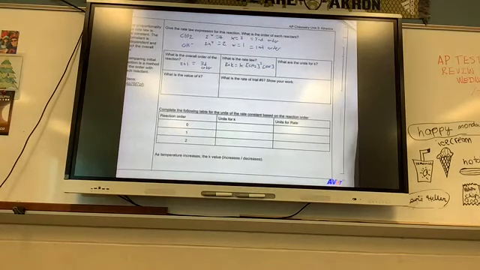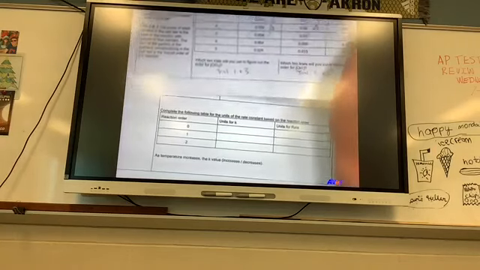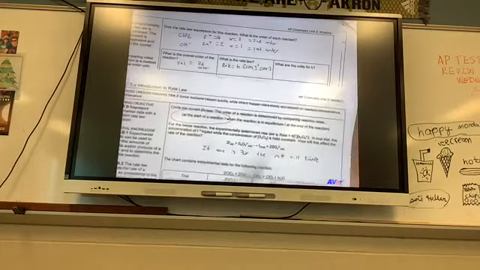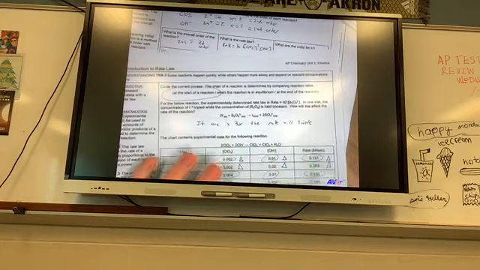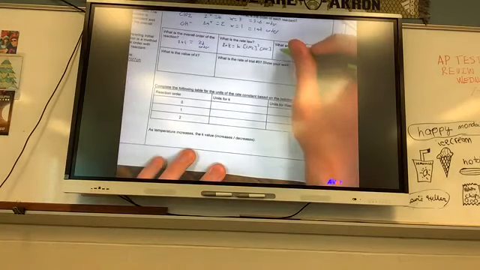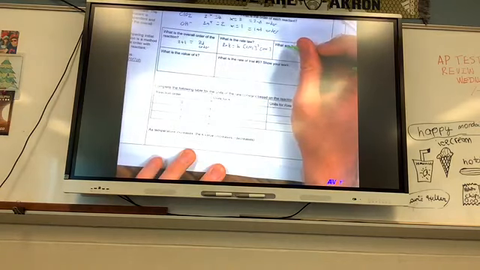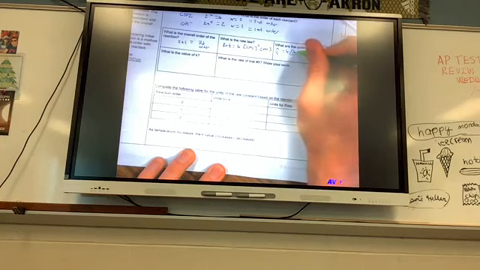When you're doing this, you have to sub in a trial. So I have, this is molar, and this is molar per second. So that means I have molar per second equals K times molar squared times molar.